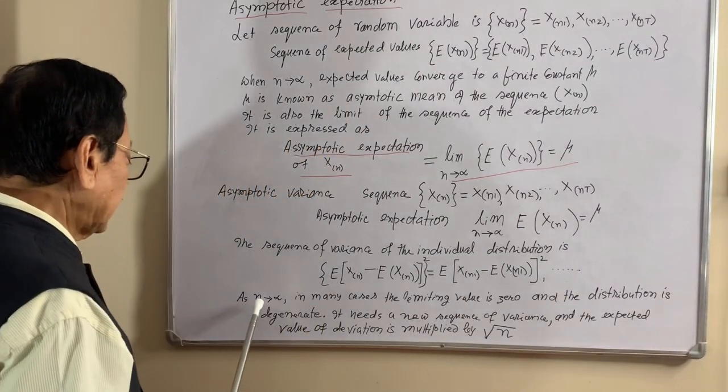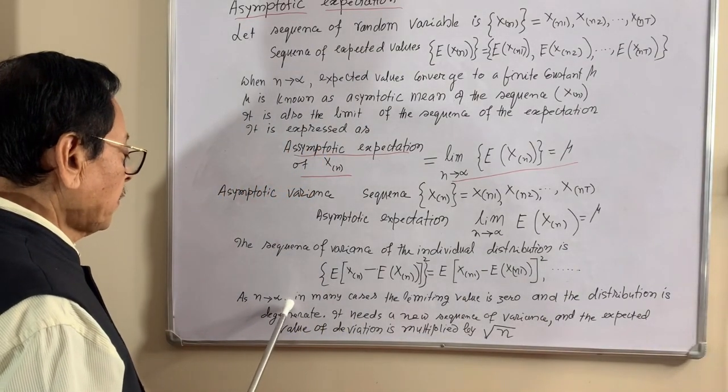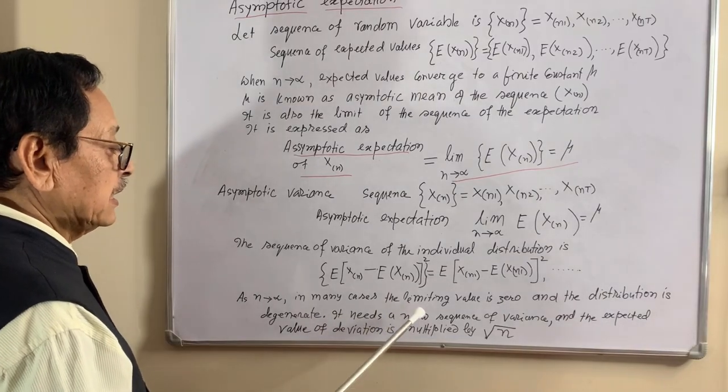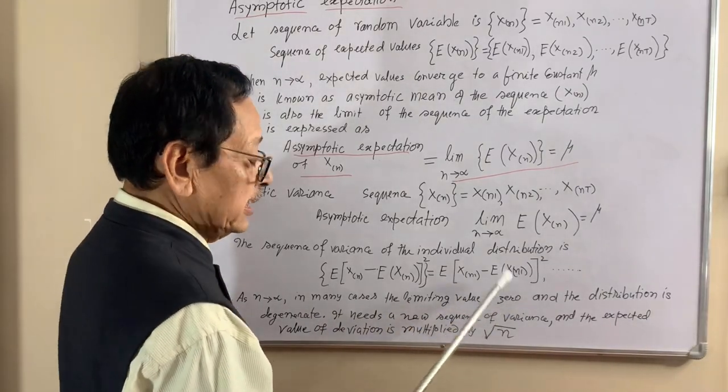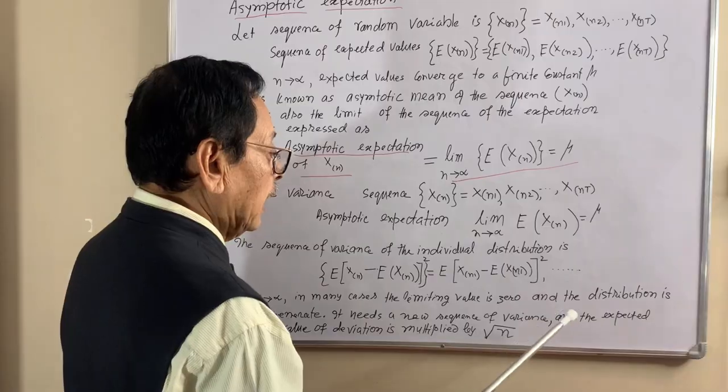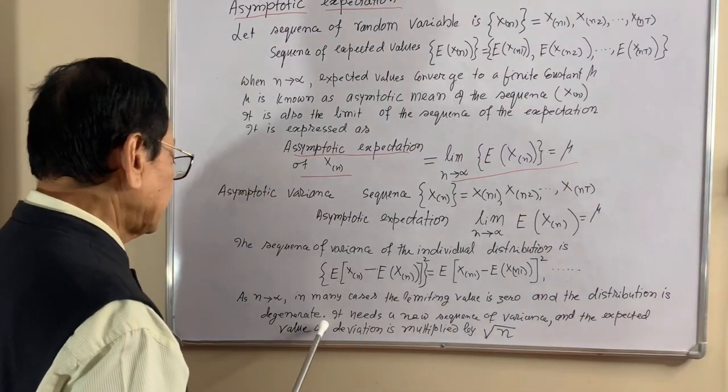So when n tends to infinity, in many cases the limiting value is 0 and the distribution is degenerate.